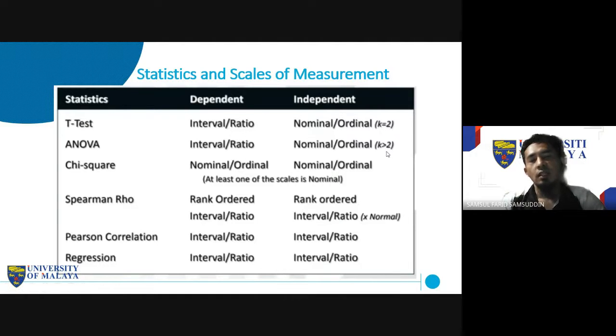So this will help you because doing a research proposal, if I'm not wrong, you have to do until chapter 3. So within the chapter 3, you have to also have assumptions on what kind of data that you will get, what kind of results that you will identify.